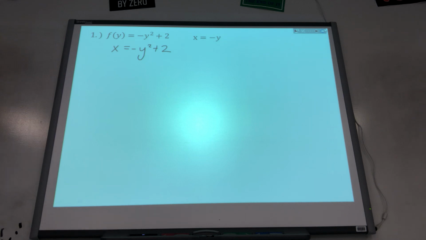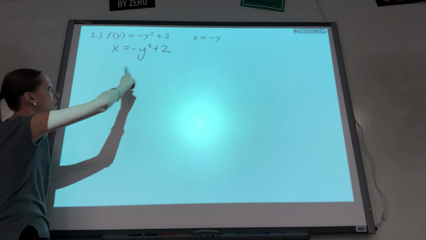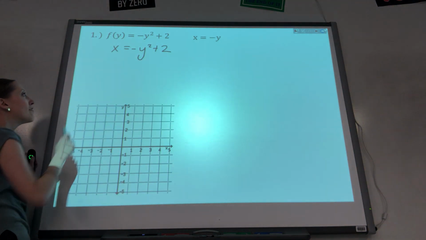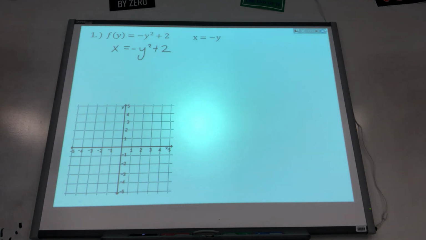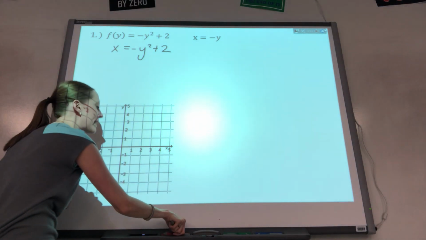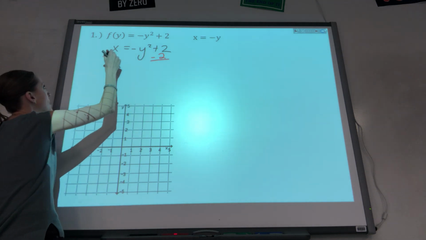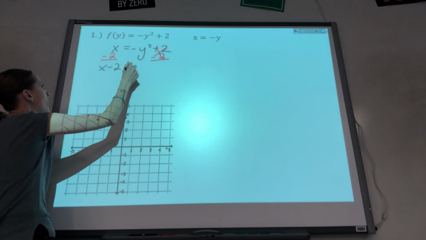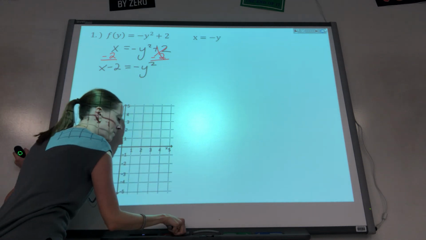Now, if I'm about ready to use my graphing calculator to see what these look like, I really need to get them to have y equals out front. If you look at your calculator, the button that you press to graph functions says y equals out front. It doesn't say x equals, it says y equals. So let me solve this for y. I'm going to subtract the 2.